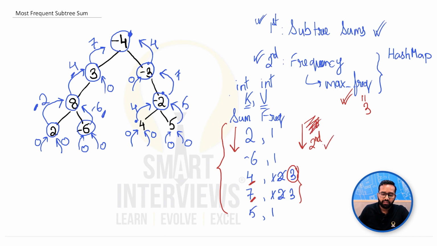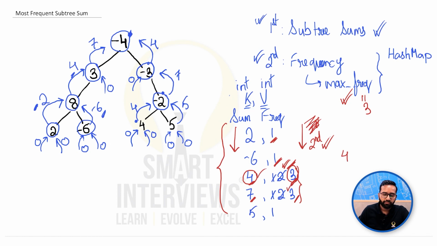We can simply iterate on the entire hash map. We can keep matching the values, that is the frequencies, with the max frequency, and wherever it matches, we will store that subtree sum in a separate list. So it matched here, so we will store 4 in a separate list.